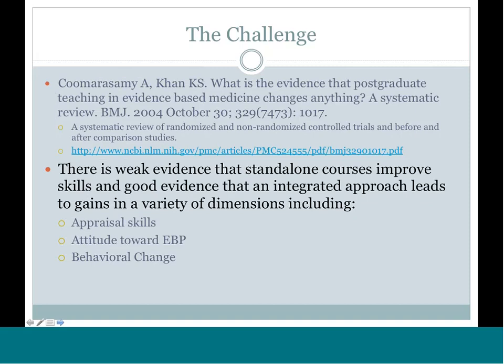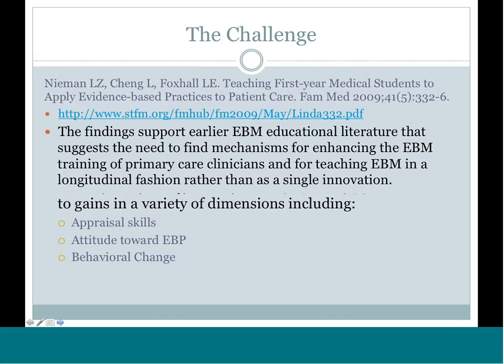It helped change the attitude that people had toward EBP, not as that separate thing, but as this is what I do. And ultimately, the behavioral changes that we're looking at only seem to come about if we integrated it into the curriculum rather than as separate individual courses or events. So the research is saying, yeah, we start out by putting it in pieces, but we've got to go someplace with that.